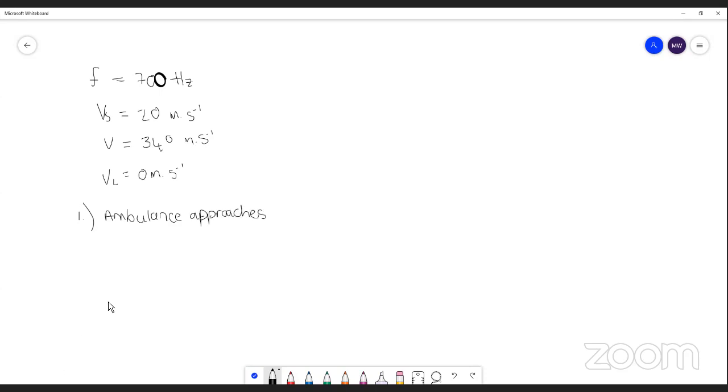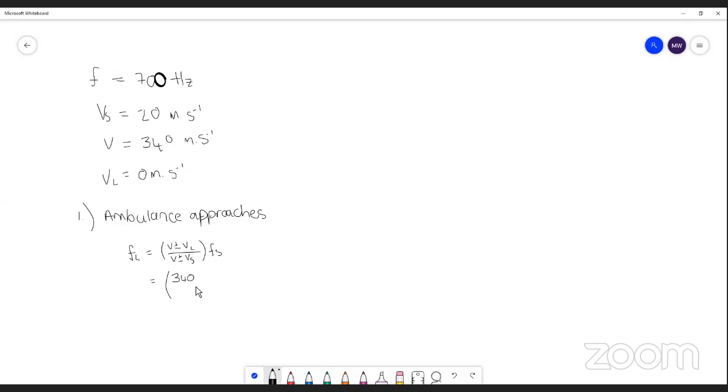Okay, so first things first, always write your formula because you get a mark for the formula. Our V in this case is 340, so you substitute that in there.